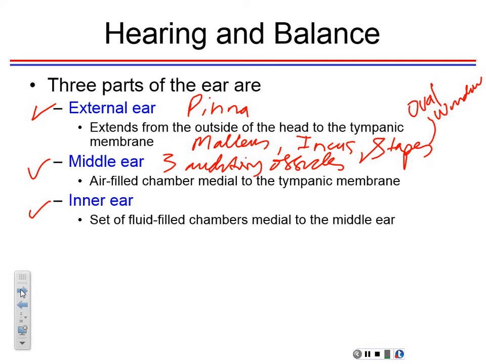And the endolymph is very high in potassium, and we'll talk about why that is. So the inner ear, we start at the oval window, and the perilymph on the outside will be the first to be agitated, outside of the membrane.